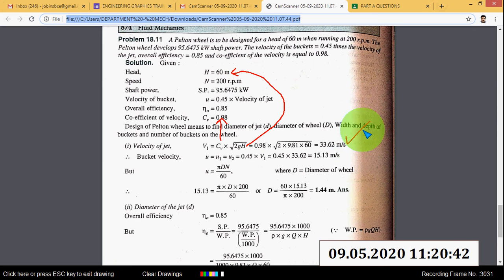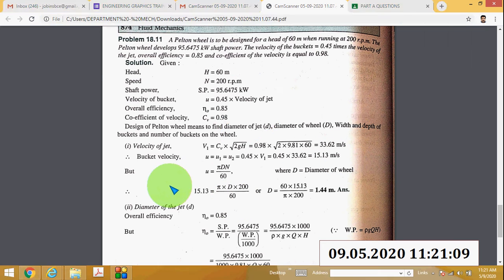Okay, so you will get the value of V1, 33.62 meter per second. Then bucket velocity u is equal to u1 is equal to u2, and here the bucket velocity is given as 0.45 times the velocity of the jet, so 0.45 into V1, 0.45 into 33.62, so you will get the bucket velocity 15.13.